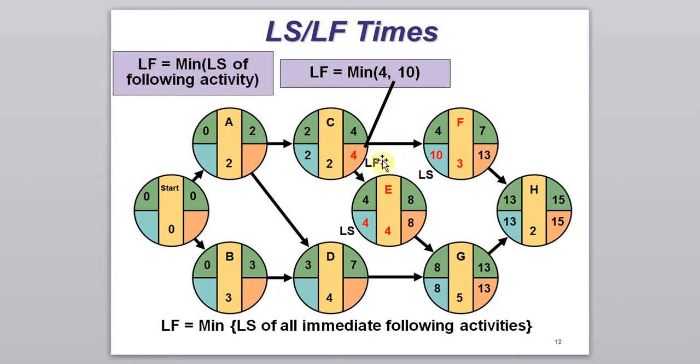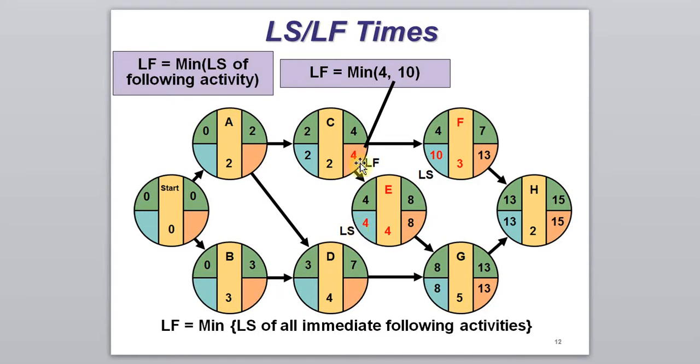Similar to the scenario when we work on the early start time and early finish time, sometimes you may encounter one activity that has more than one following activity. Assuming activity C has two following activities, activity F and activity E. Each of them has a different latest start time.